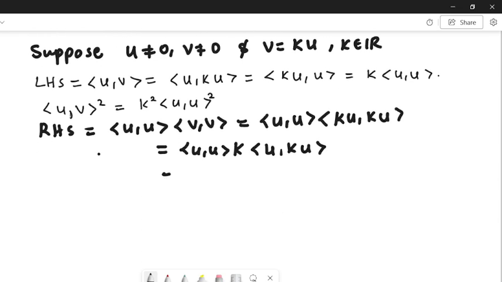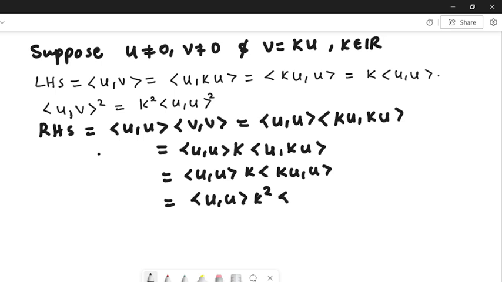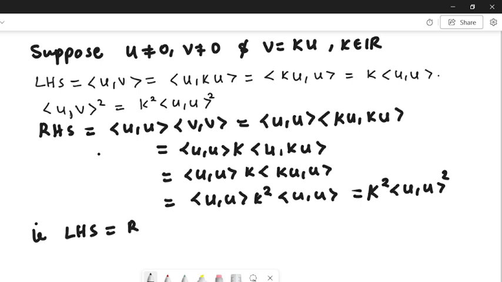So you're still applying those axioms. Now we're going to have k squared. This is basically k squared, the norm of u squared. So you can see the left hand side is equal to the right hand side. So that was step 2.